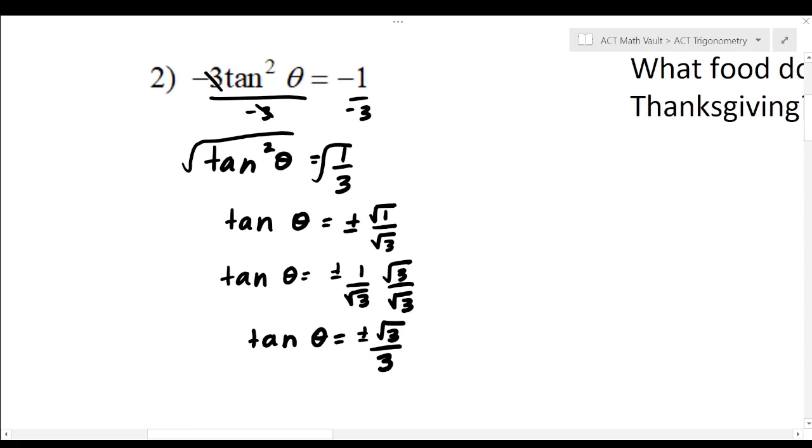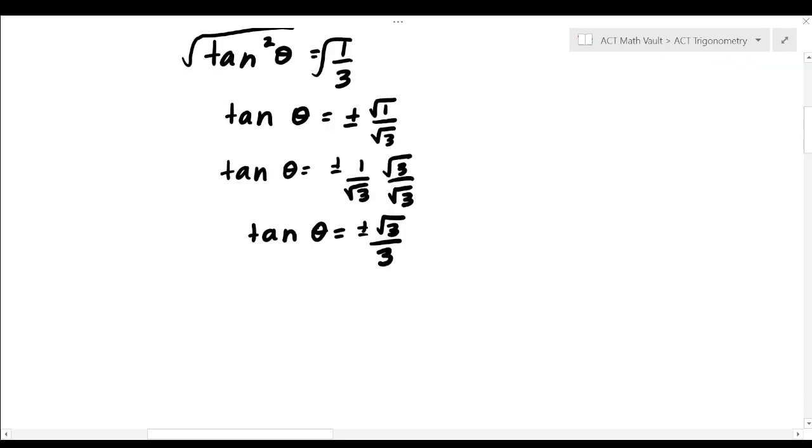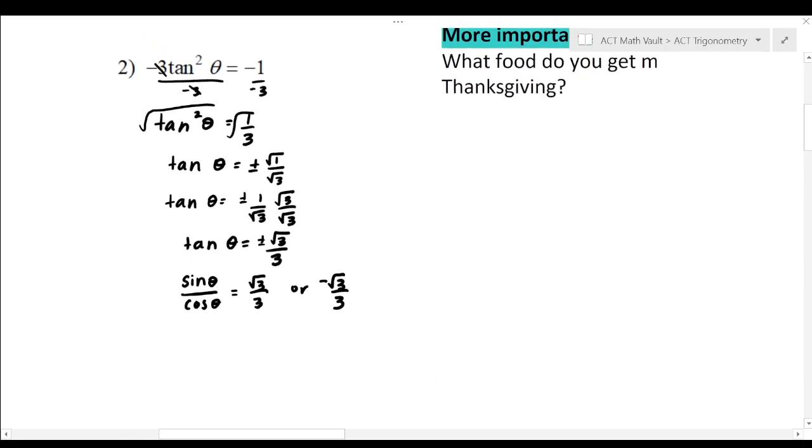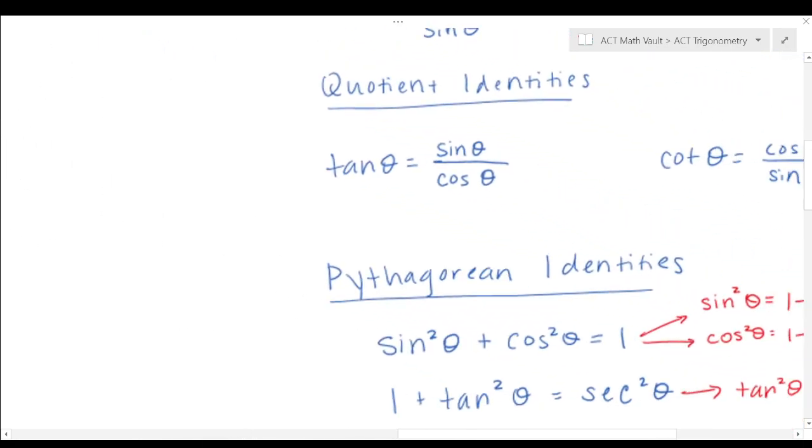Now, this is a harder one because I got the tangent by itself, but now I still don't know what the answers are. So what we have to figure out is where, remember that tangent is sine over cosine. So how could I get √3 over 3 or -√3 over 3? Okay, so back to the unit circle.